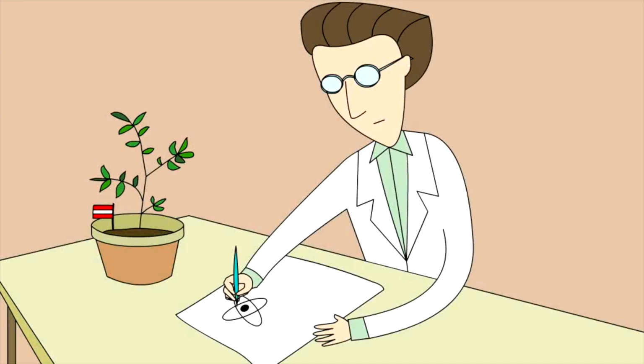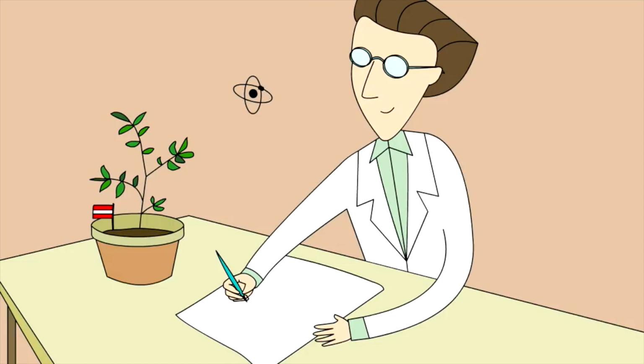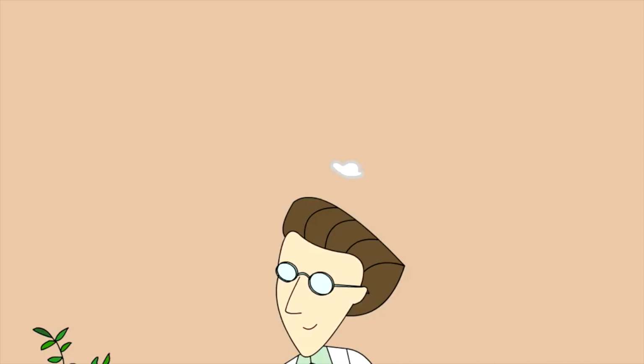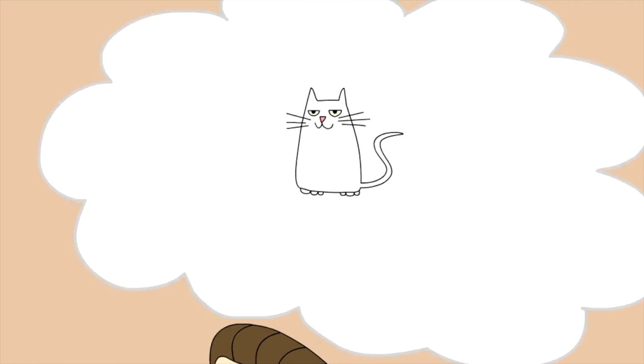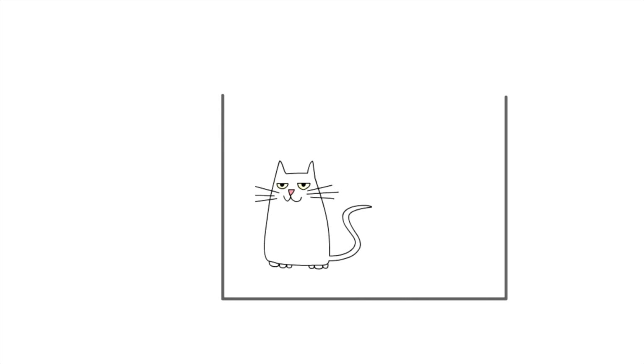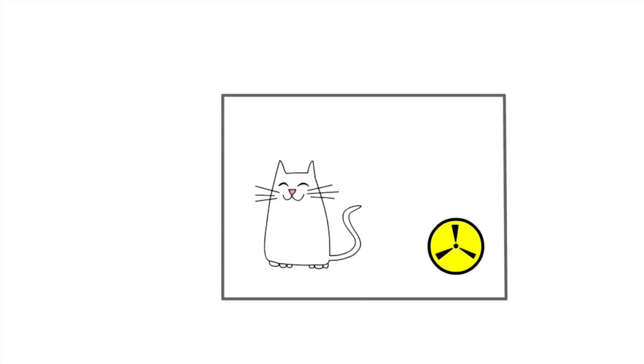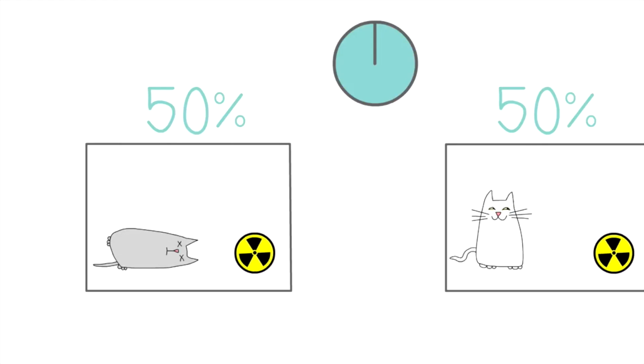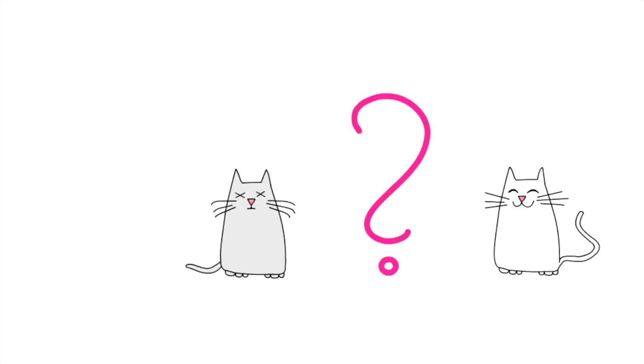Austrian physicist Erwin Schrodinger is one of the founders of quantum mechanics, but he's most famous for something he never actually did, a thought experiment involving a cat. He imagined taking a cat and placing it in a sealed box with a device that had a 50% chance of killing the cat in the next hour. At the end of that hour, he asked, "What is the state of the cat?"